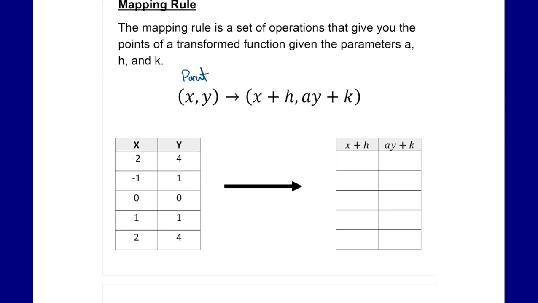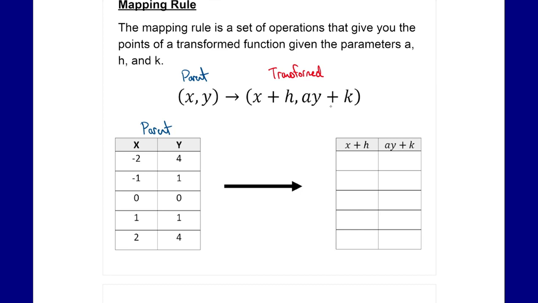right? I have the points of my parent function, they're x and y, and they're going to go through a transformation depending on what the variables are of the transformed function, and that is going to look like this. So I'm going to take my x value and add h to it, whatever the h value happens to be.